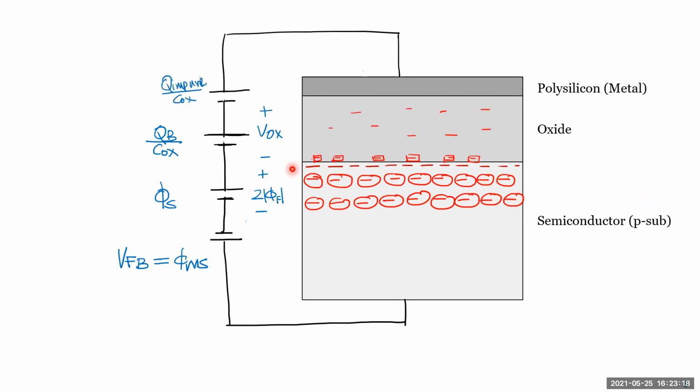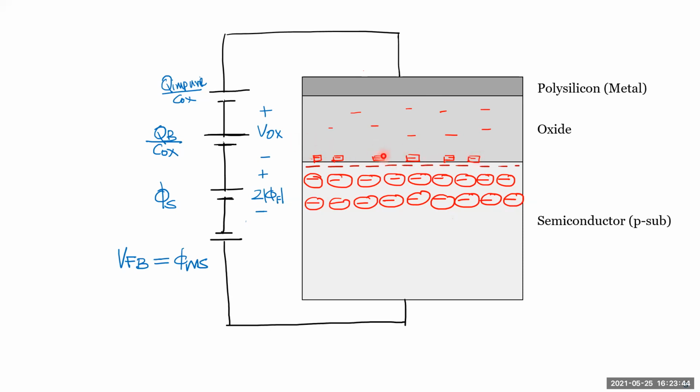On top of that, as I said, there are usually some trapped charges inside, mostly on the surface, because this is where you grow the silicon dioxide. If there are some impurities before, they get trapped on the surface. In analog design, this is a huge problem, because they create what's called flicker noise, which is low frequency noise.